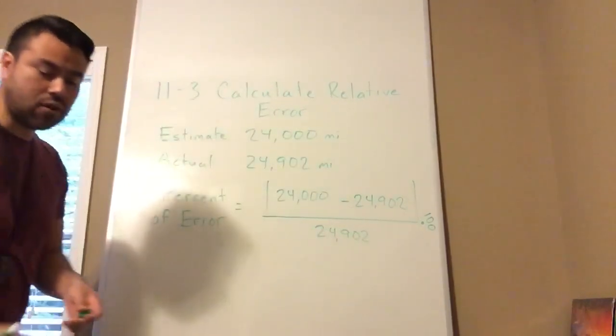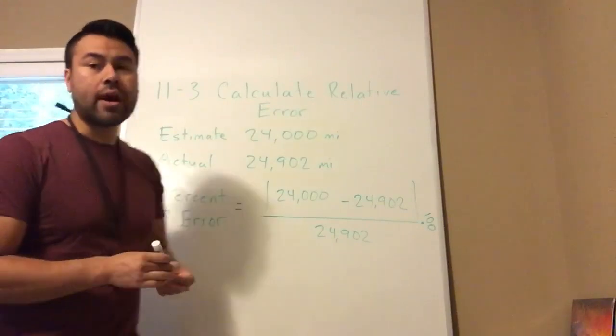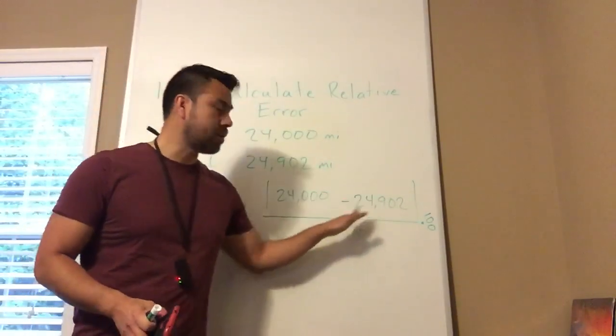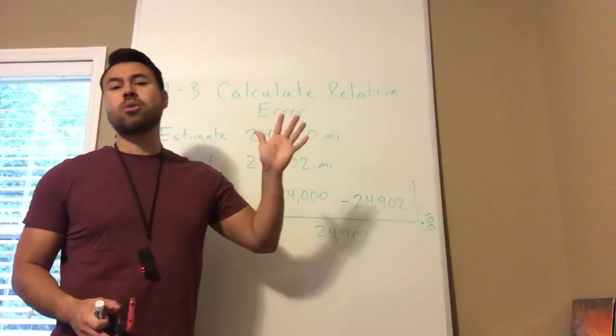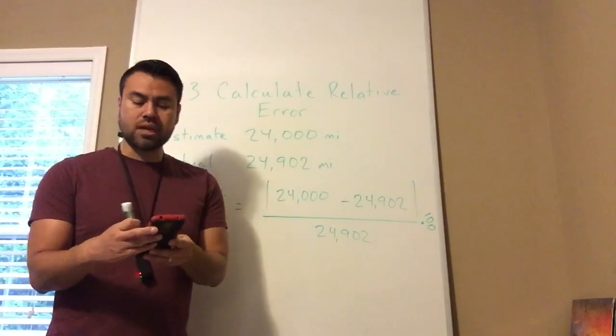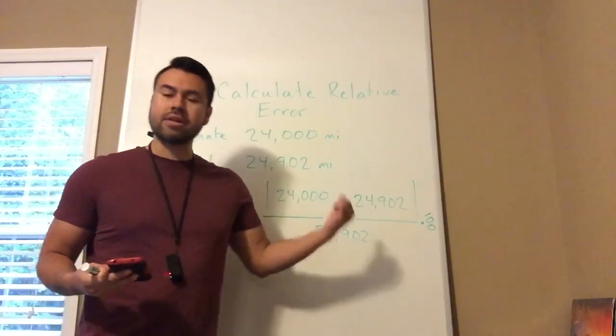Okay, so I have all the numbers where they belong. What I require in your homework is that you write down the numbers in this formula where they belong, and that you show me what your calculations are. So I don't want to just see your answer and you tell me, well, I did it on my calculator. I want to see your steps.